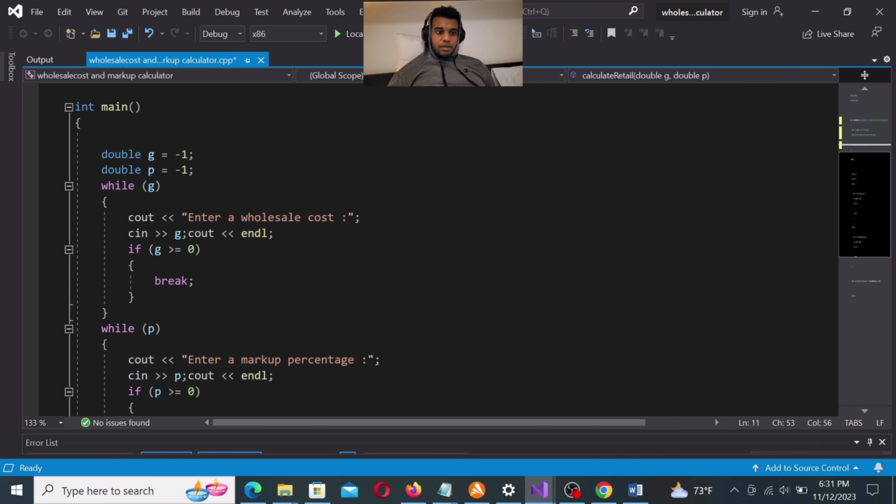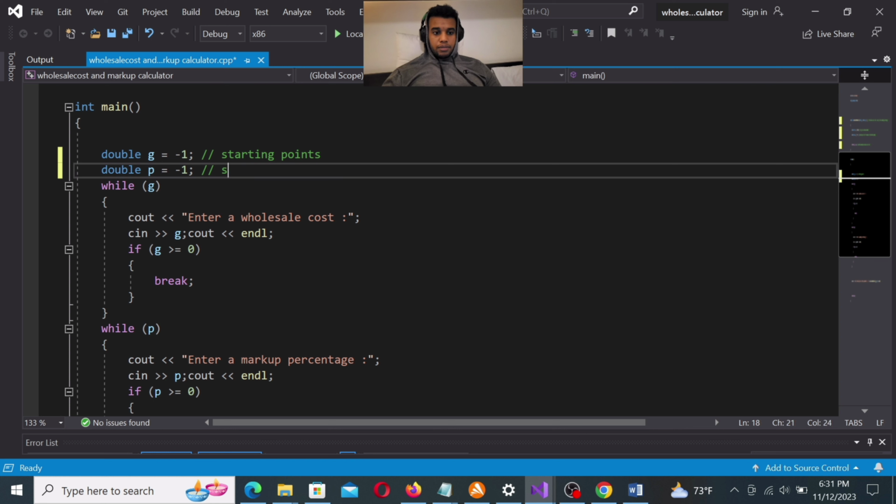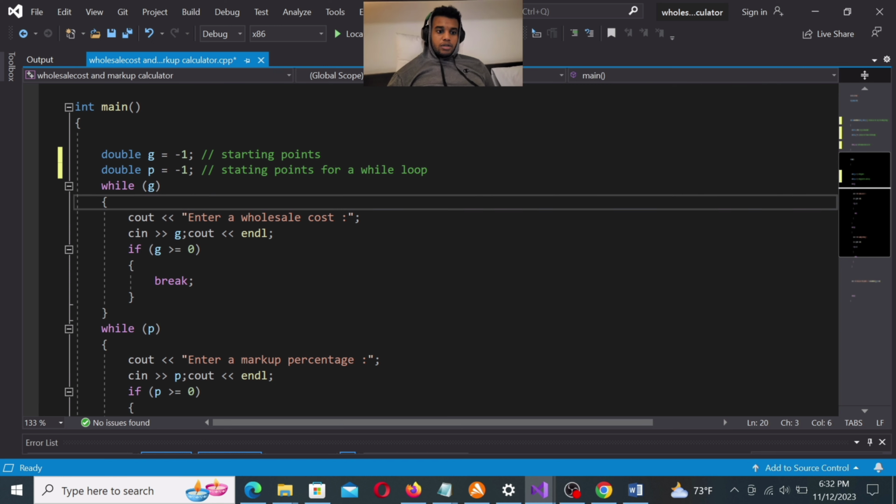I just have the double G and double P set to minus 1. This is basically the starting point for my while loop. I'll show you why I have a while loop in a second. So we have while G is basically while -1.